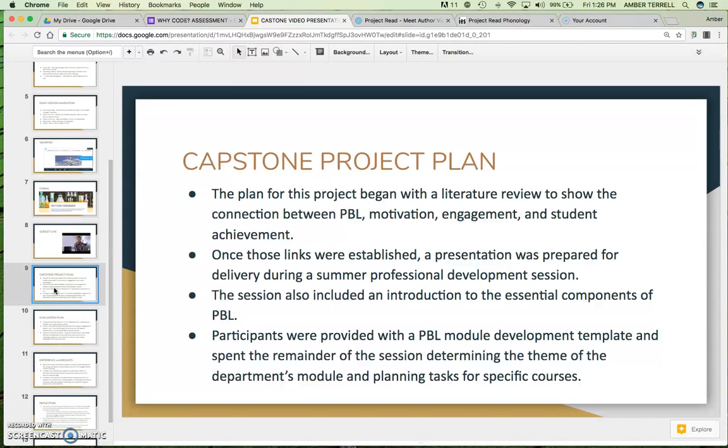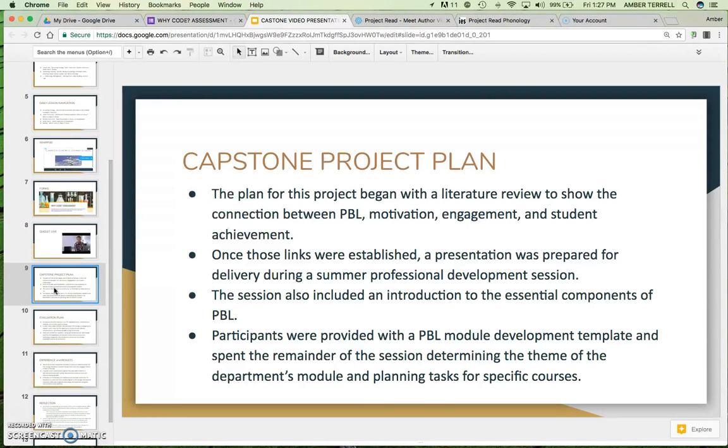So following that technology integration training that every teacher went into, here's our capstone plan. The plan was to do a literature review to make sure that we could find a connection between PBL, motivation, engagement, and student achievement. After that, there was a presentation of PBL in a summer professional development session.